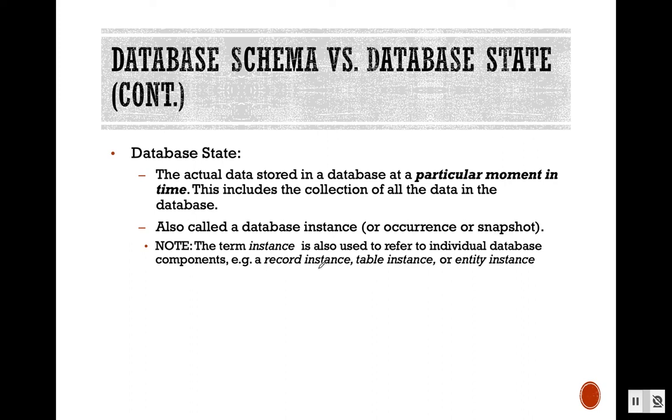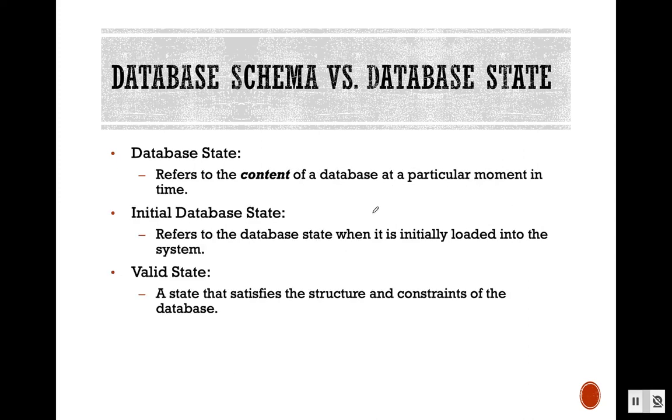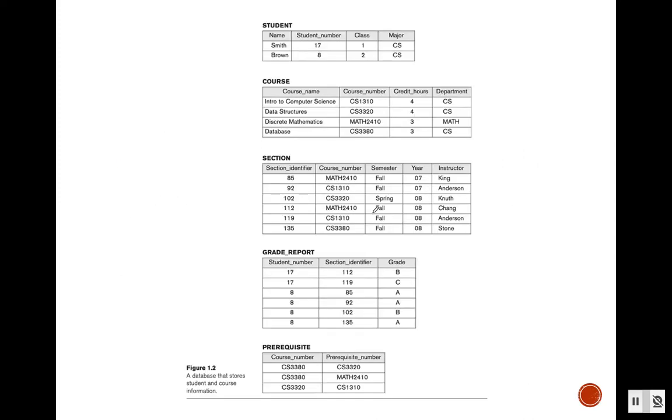Also, database state is known as a snapshot of the data. When we have a database and a collection of data stored in it, this is known as a database state, also known as a database instance.